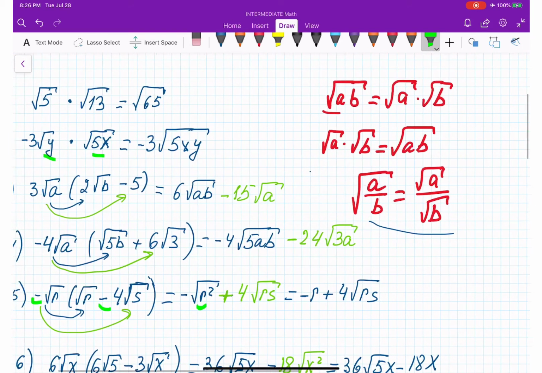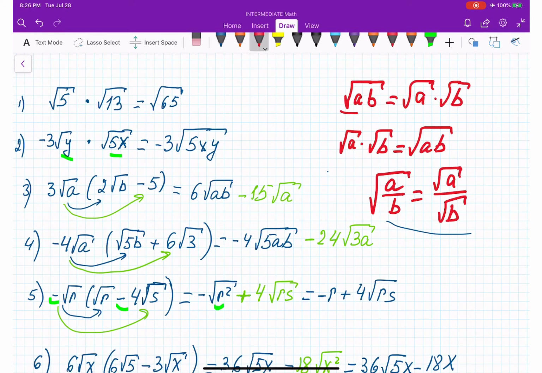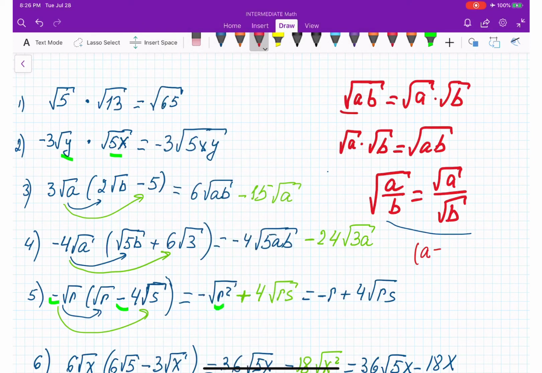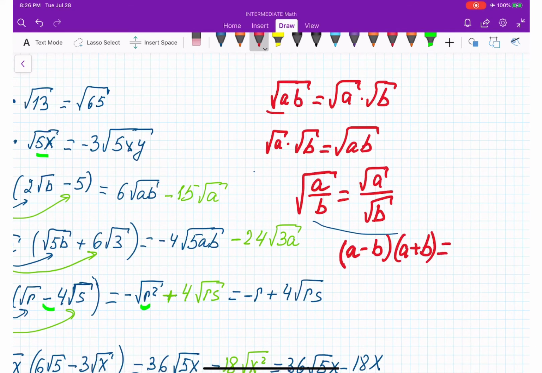So, this is going to be the formula. Difference of squares: a minus b. Let me use thicker version because that's a formula. A minus b times a plus b, and that is equal a squared minus b squared.